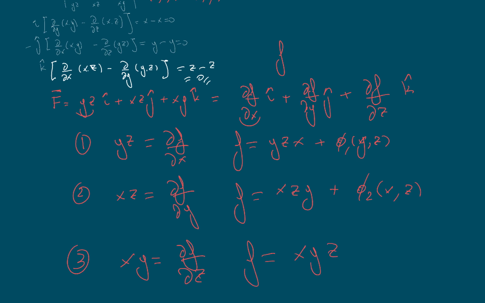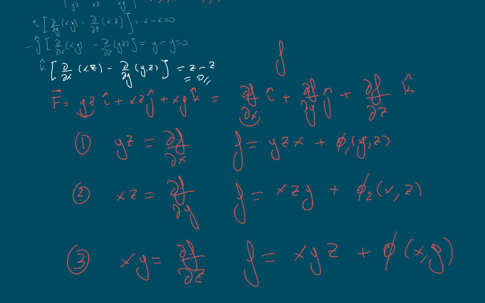In every case, of course, I can add, if you want, phi of x, y, because the derivative with respect to c of any function that depends on x, y will be 0. So who is f? Well, in every case, f is x y c. So we don't need to play with these functions, I suppose.